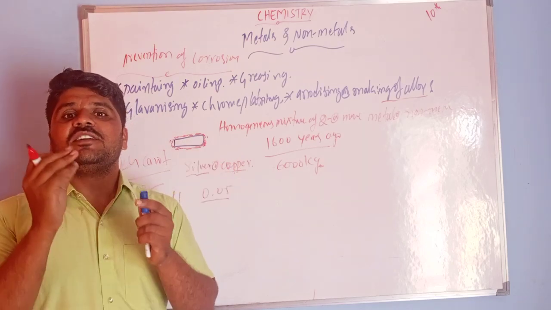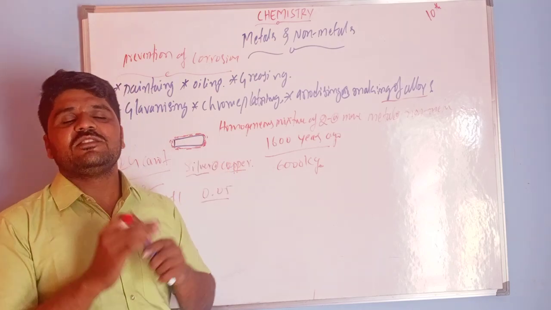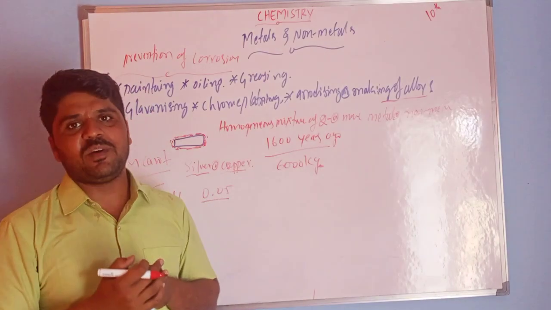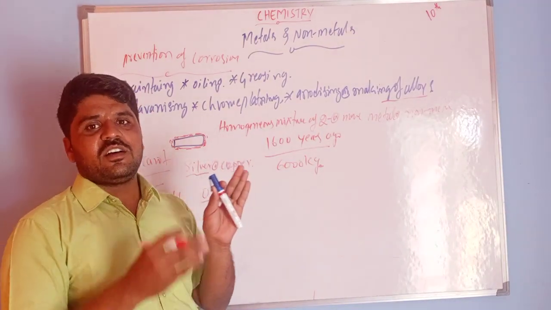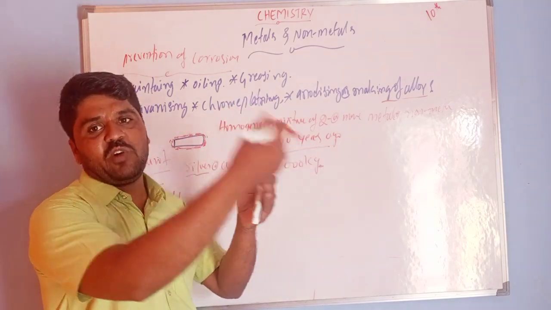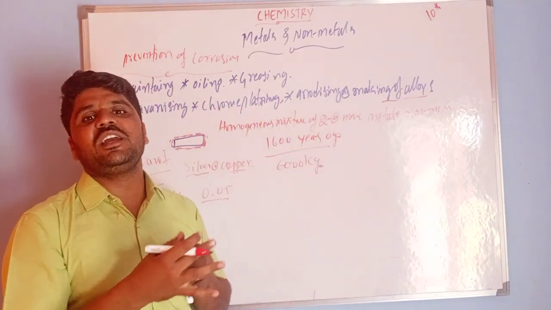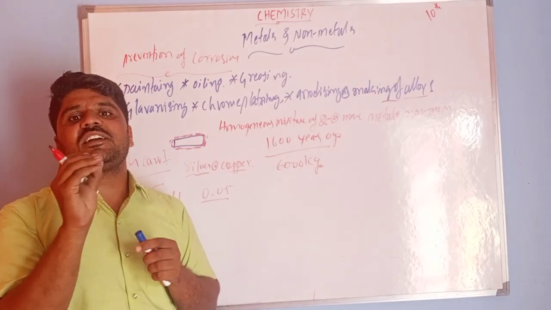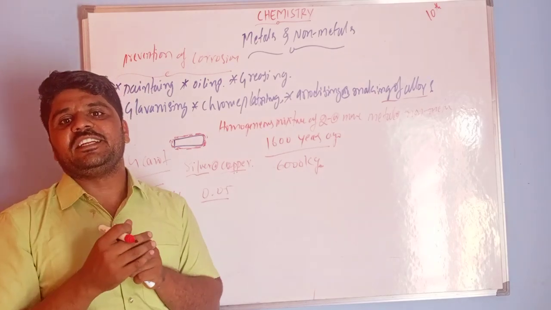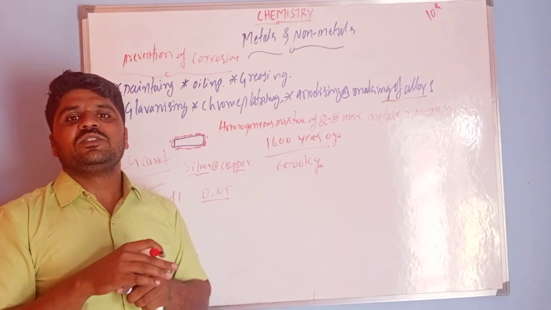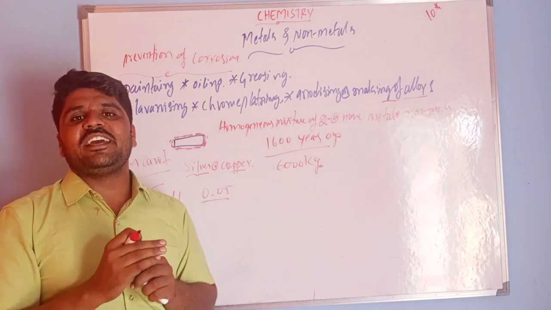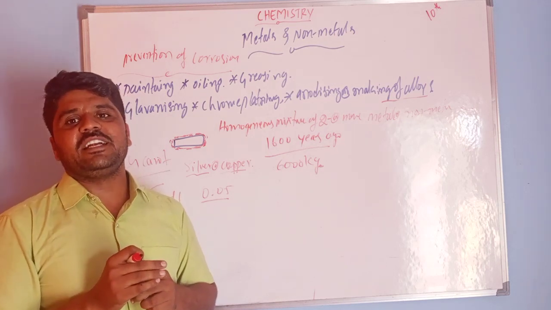One more thing, alloys of mercury are called amalgam. Amalgam is mercury plus one more metal or non-metal, with good conductivity of electricity and a low melting point. Pure mercury is a liquid metal.